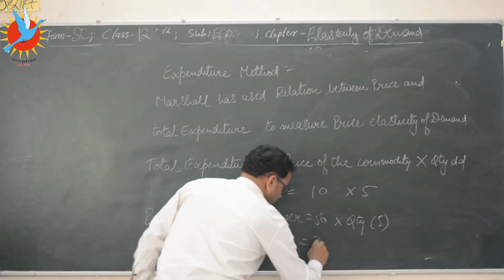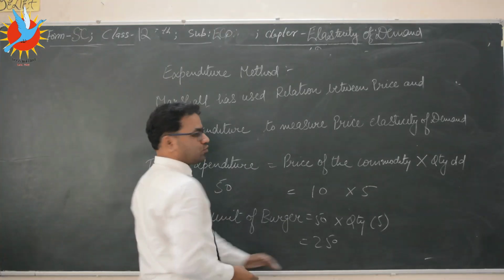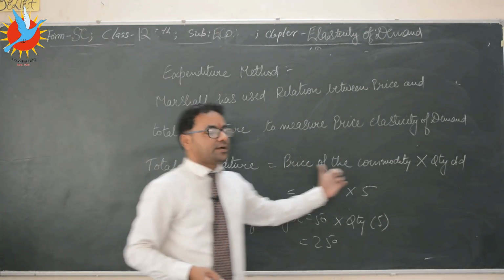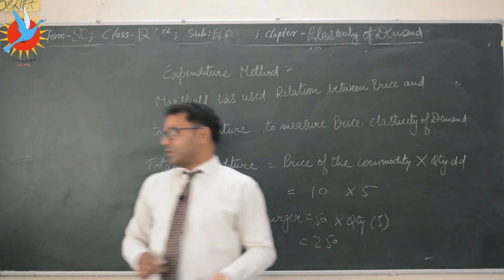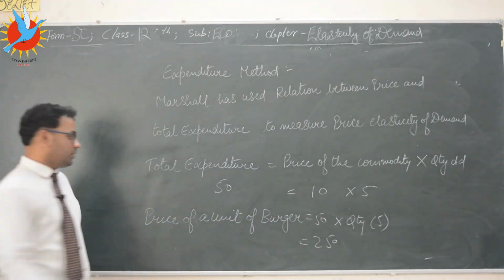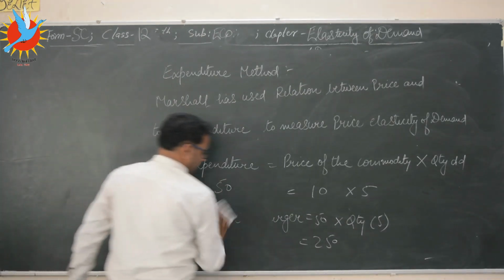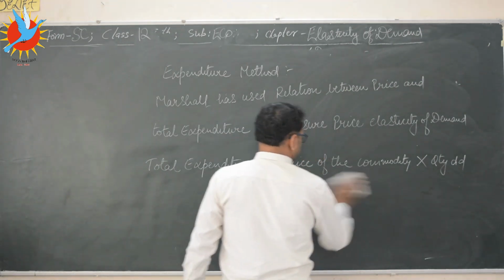So total expenditure you all will be paying is 250. So total expenditure is price of the commodity multiplied by quantity demanded. So how we measure elasticity of demand? Through expenditure method.